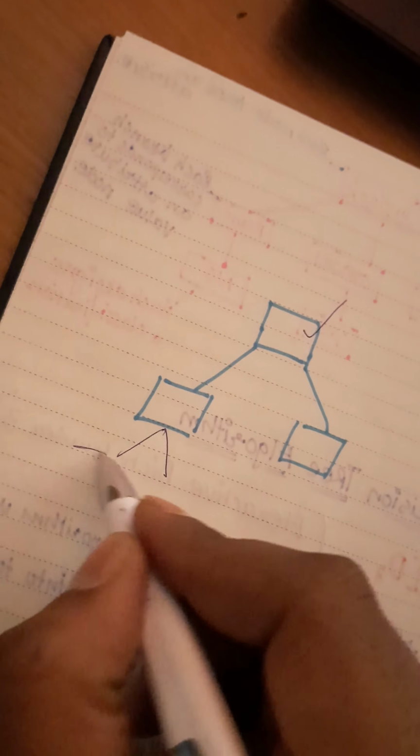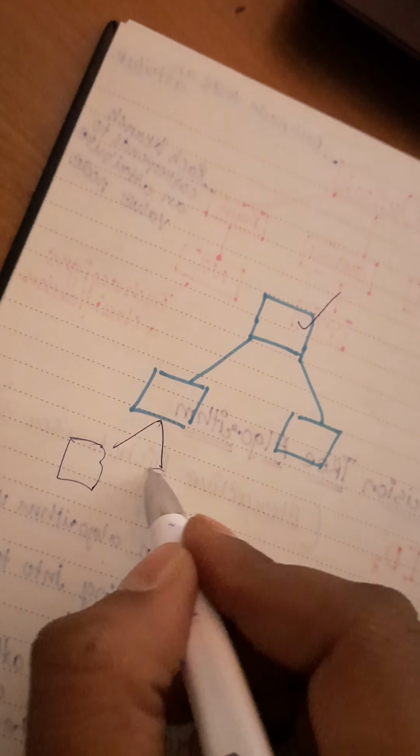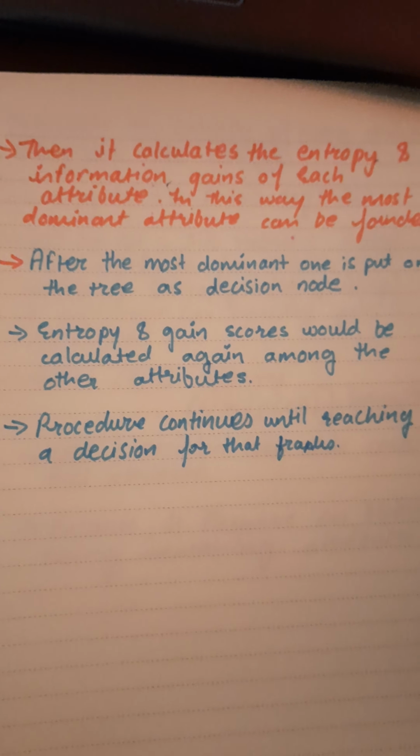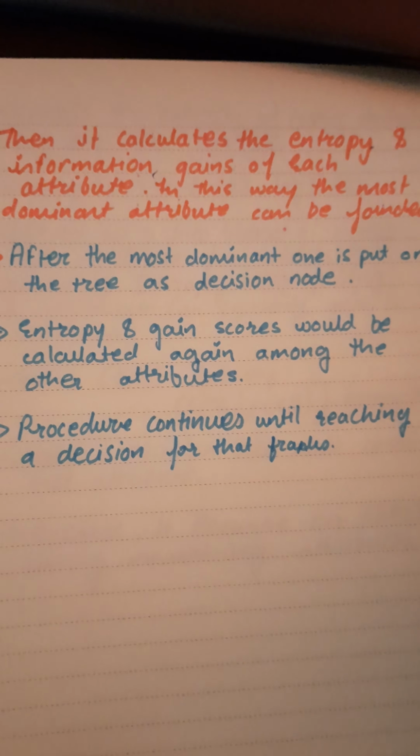So what does that mean? You have to always calculate the entropy and the gain for the remaining attributes to take a decision. Like for example, like this, and if there's any dominant one in this, you have to take another one. Okay, so the procedure continues until reaching a decision for that branch.